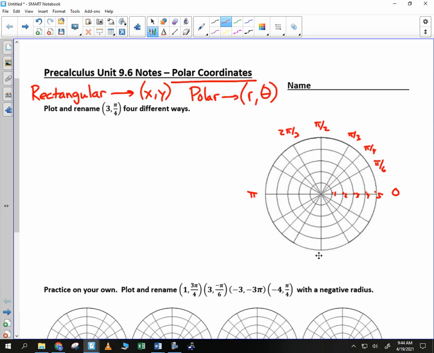It would be 3 pi over 4, 5 pi over 6, 7 pi over 6, 5 pi over 4, 4 pi over 3, 3 pi over 2, and then we got 5 pi over 3, 7 pi over 4, 11 pi over 6, and 2 pi.